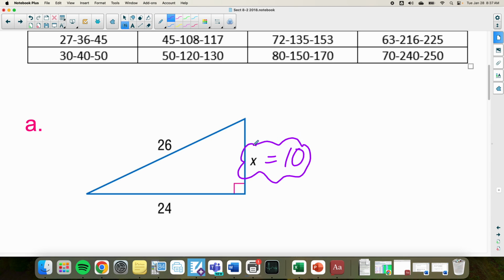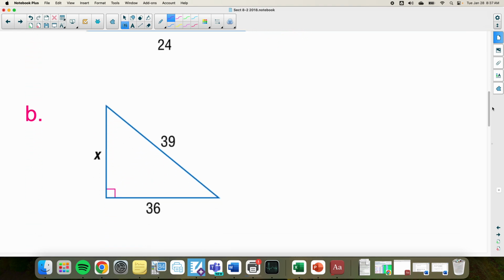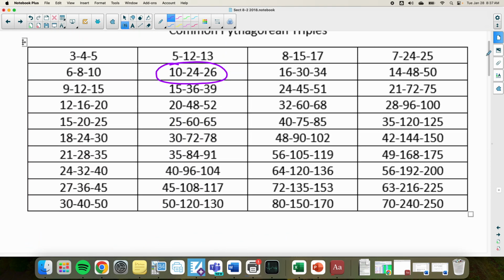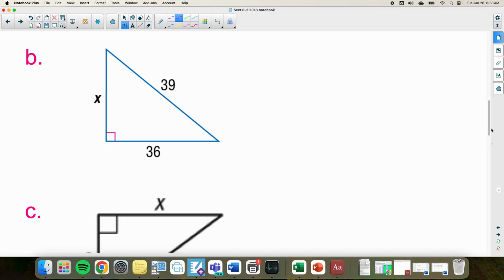Okay. Then if I look at this one, my biggest one is 39. So if I look for one that has 39, it actually happens to be right below that. And we have a 15, 36, 39. So this would have to be 15.